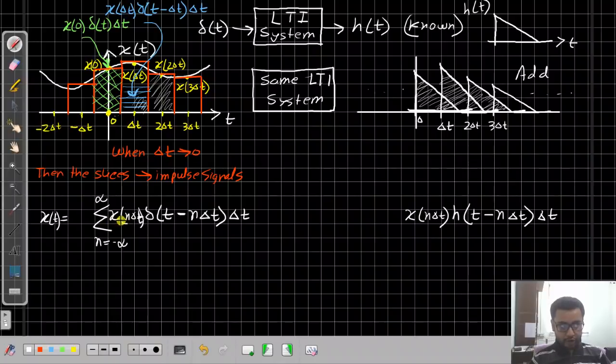This corresponds to the height of the input at any point, and delta t is the width of my slices, that is here. Then I have to add all of them. All the outputs corresponding to all the different delta functions, and that will give me the total output.